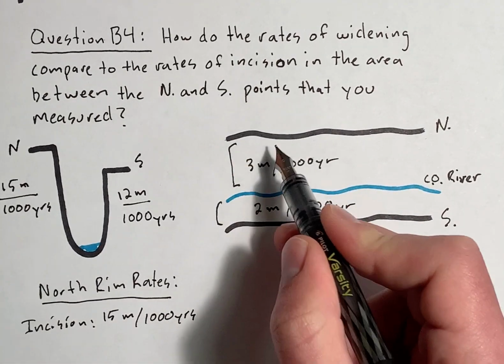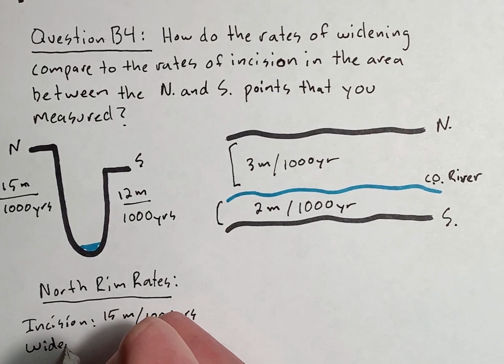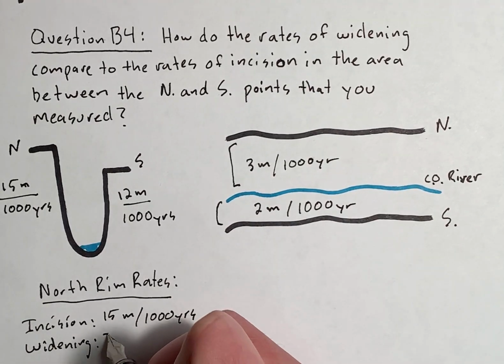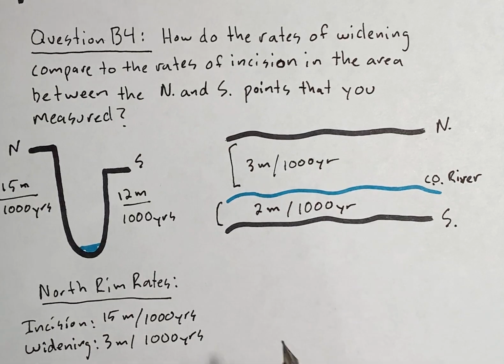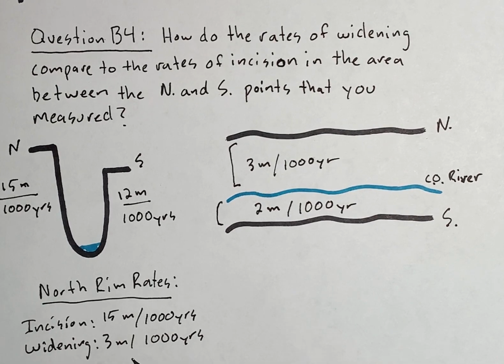And widening, we know it's 3 meters per 1,000 years. So how do these compare? Well, this one's 15 meters per 1,000 years. This is 3 meters per 1,000 years. They're both in the same units, meters per 1,000 years, so we can directly compare them.